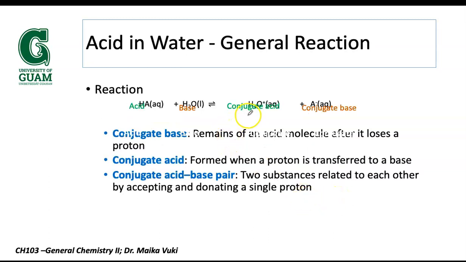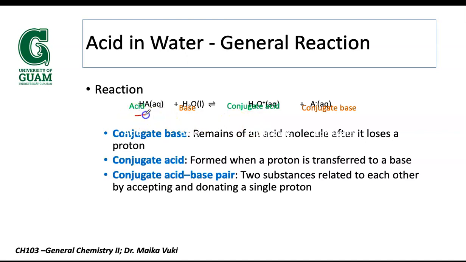Now, sorry about this slide. It's a little bit messed up here, but the reaction is the generalized reaction of an acid in water. If you have an acid combining with water, you'll form the hydronium ion. Now we label that in terms of pairs, and we call them conjugate pairs.